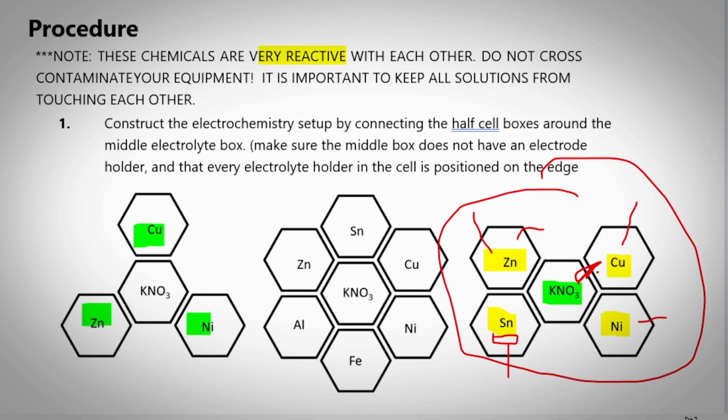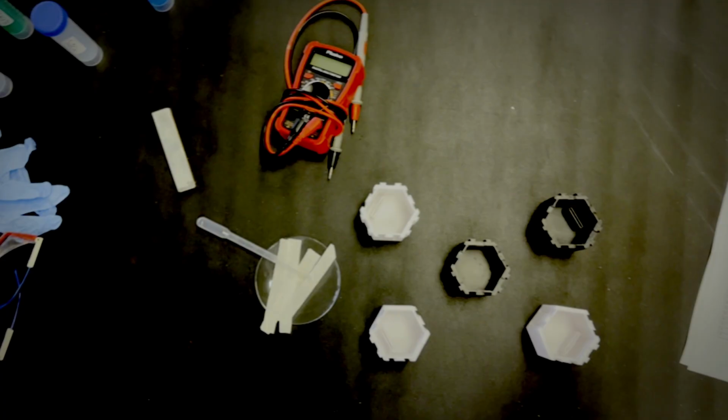Because remember, we are measuring the transfer of electrons. So for this one, it's very easy. We just wet this filter paper with our solution KNO3. So this is our salt bridge, right? So that's why we need those filter papers, and you should have plenty, but make sure that you have those. If you don't have those, you won't be able to perform the experiment.